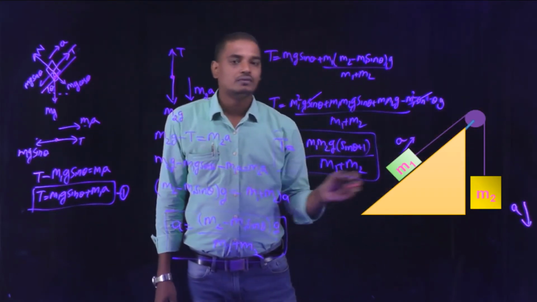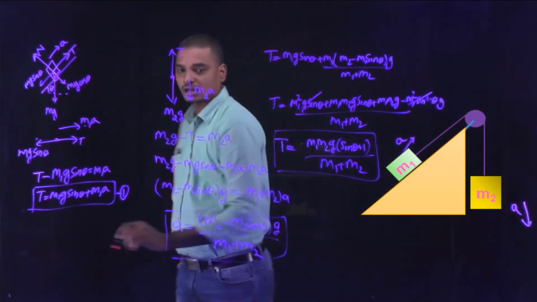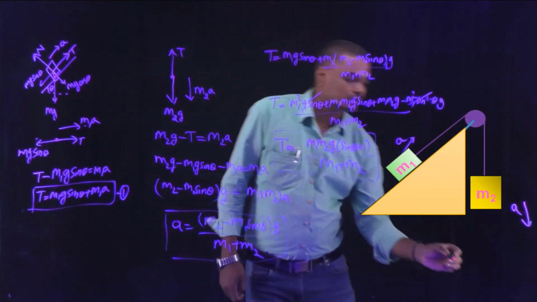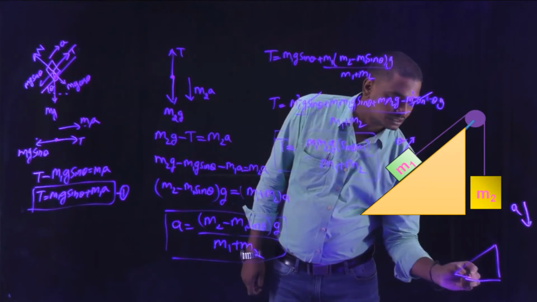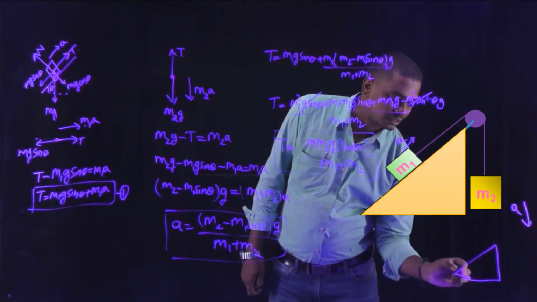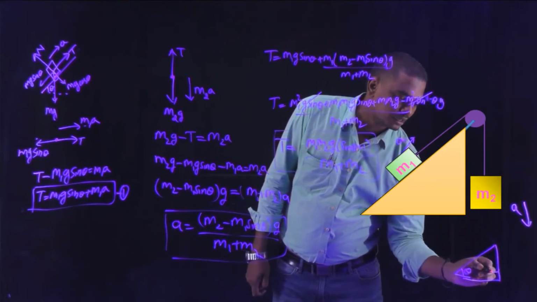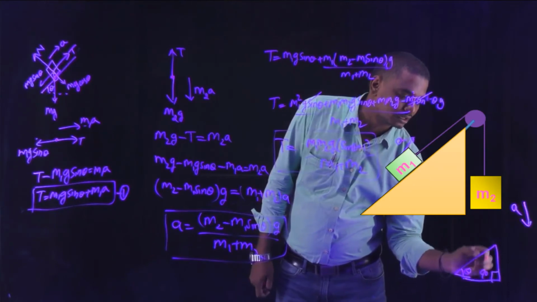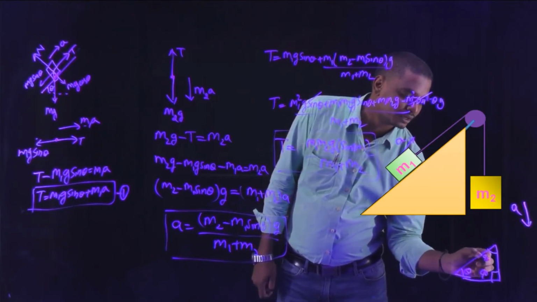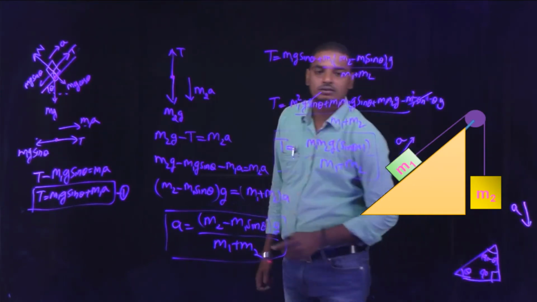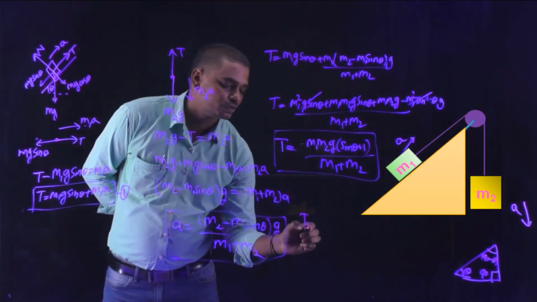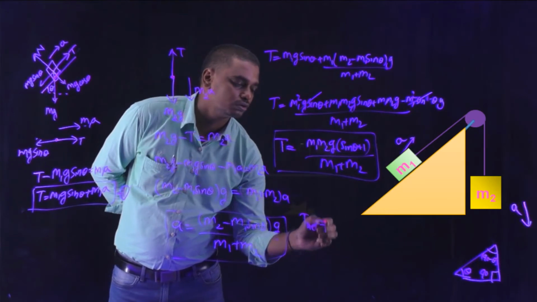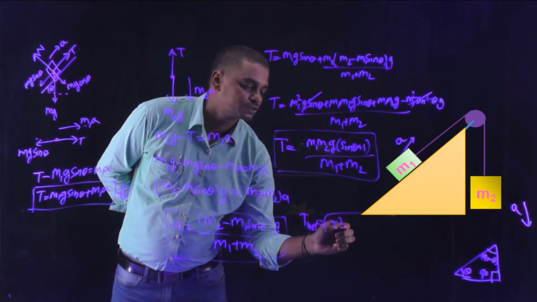From this triangle, in this inclined plane the angle of inclination is theta. Here the angle will be 90 degrees and the remaining angle will be 90 minus theta.